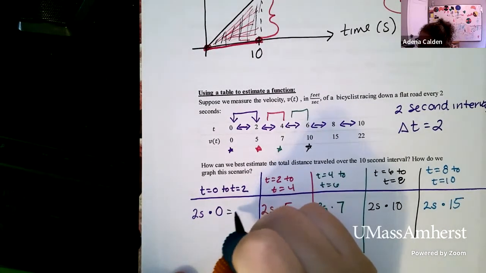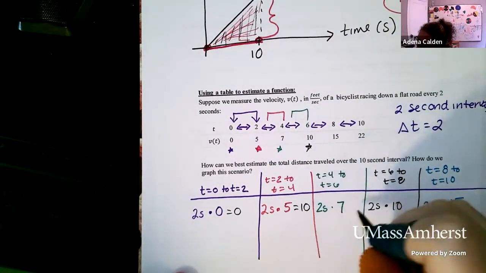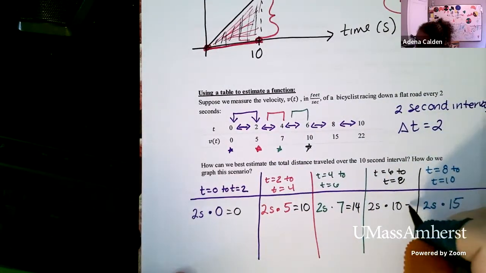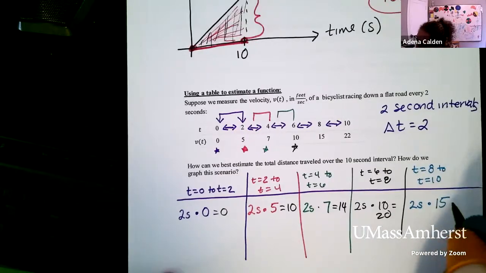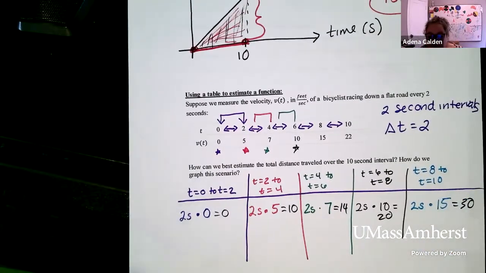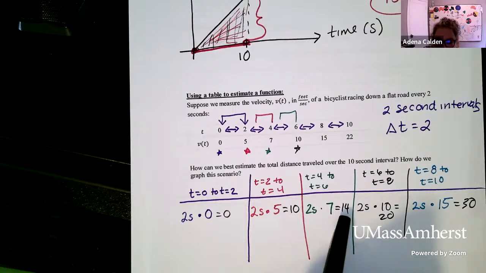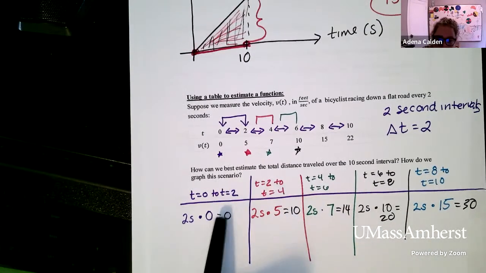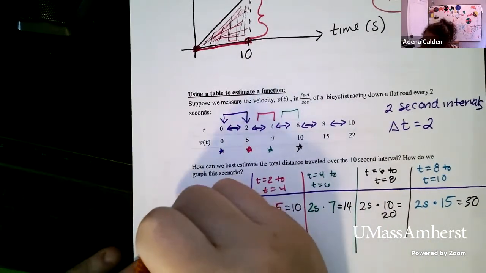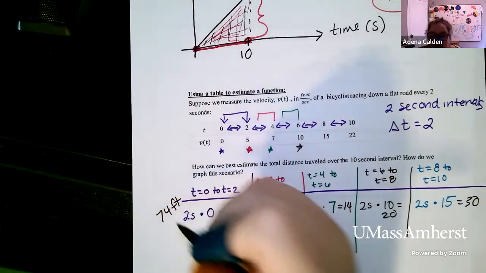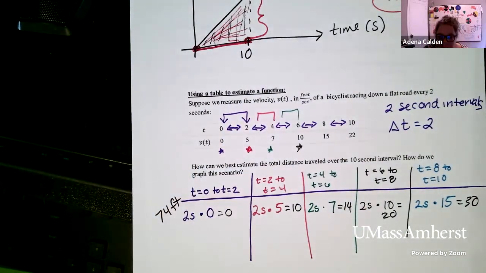So this is 0, 10, 14, 20, and 30, right? So let's add these up. 30 plus 20 is 50, plus 14 is 64, plus 10 is 74, plus 0 gives me 74 feet. So when I approximate this way, my approximation is that you traveled 74 feet on your bicycle journey.